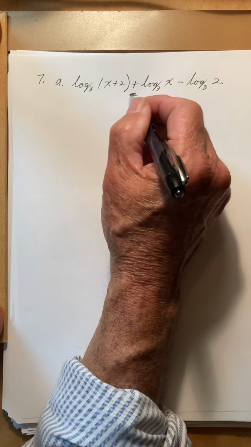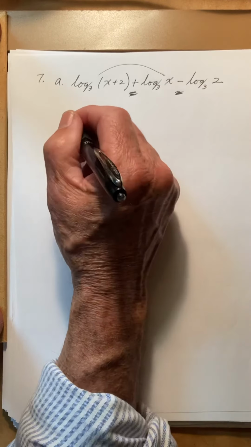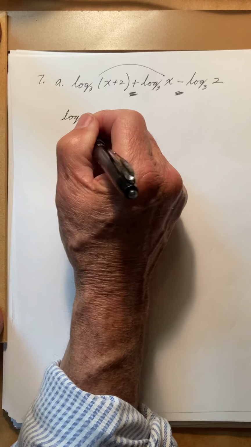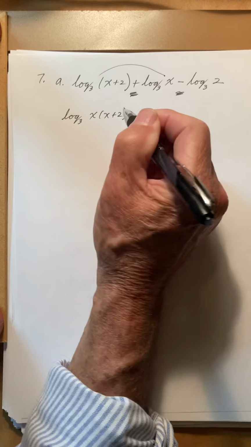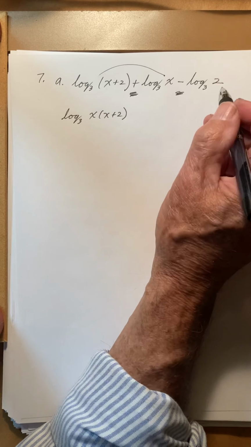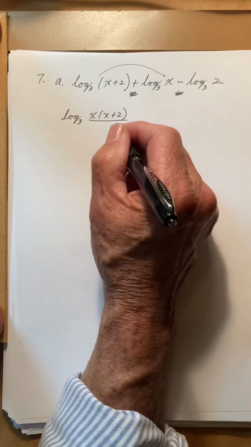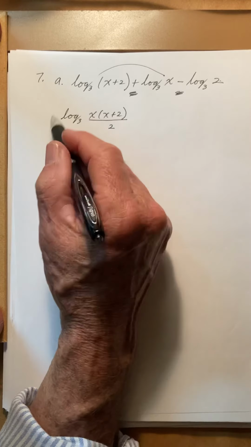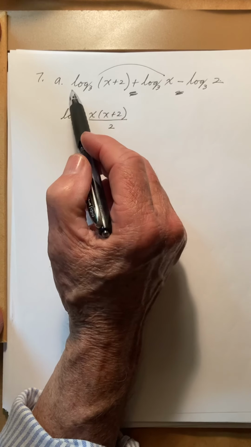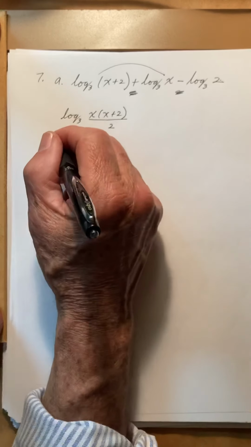So here we have a plus and here we have a minus. So these two are multiplied, so that's log base 3 of x times x plus 2. And here we have a minus, so we can put all that over 2. So this is considered to be a single logarithm as opposed to expanded form of 3 logarithms.